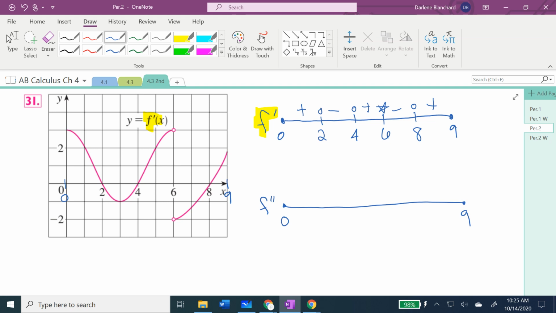I'm wanting to know where is f prime positive and negative. So like the direction that it's heading. And those are actually the words I use for myself. I use, am I heading down or up?